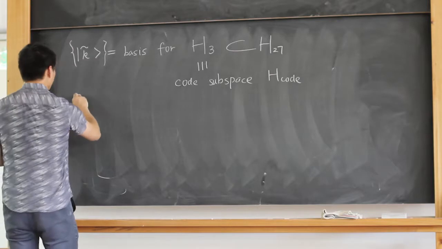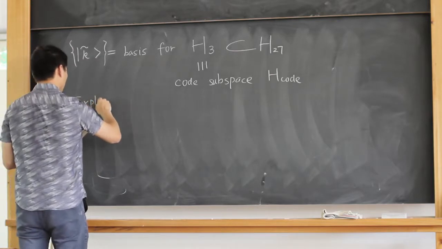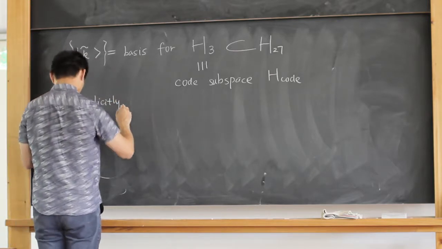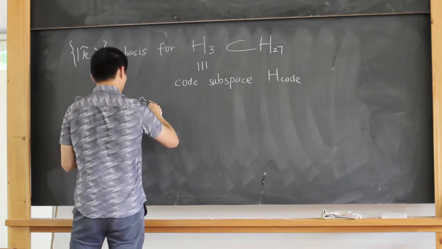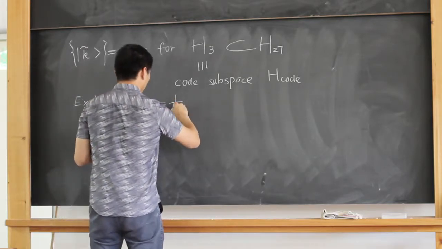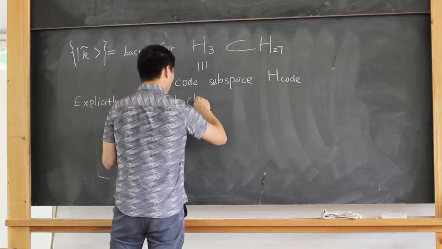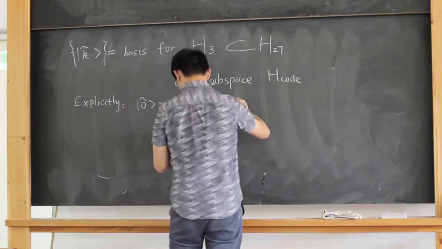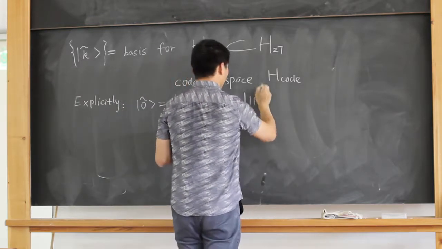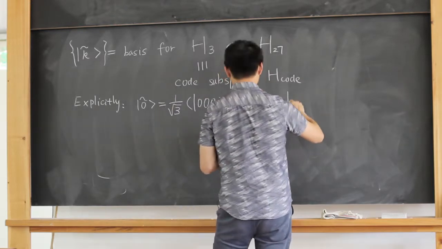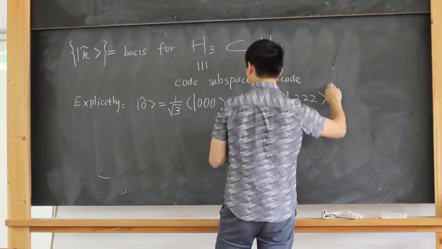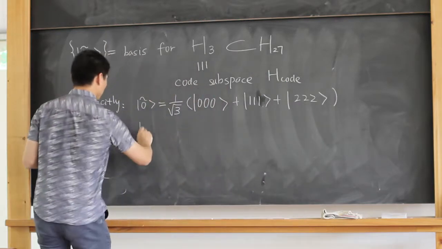And we can write this down explicitly. So the 0 tilde state is simply a combination of 0, 0, 0, 1, 1, 1, 2, 2, 2.